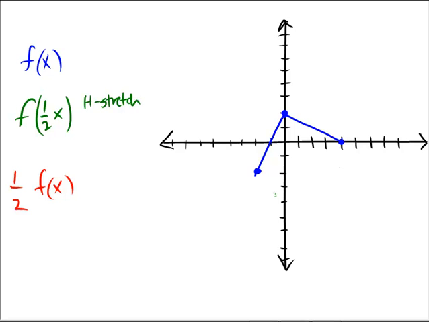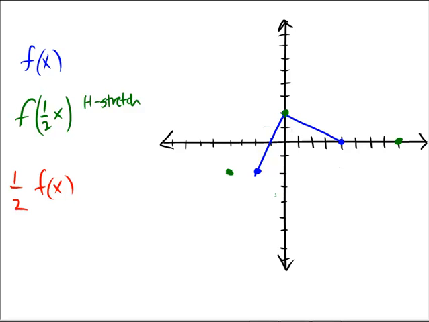It's not going to compress, it's going to stretch. So this point, which has an x coordinate of -2, is going to be stretched out to an x coordinate of -4. This one has an x coordinate of 0, so it's going to stay at 0. And this one's x coordinate is 4, so it's going to be stretched out to a value of 8.